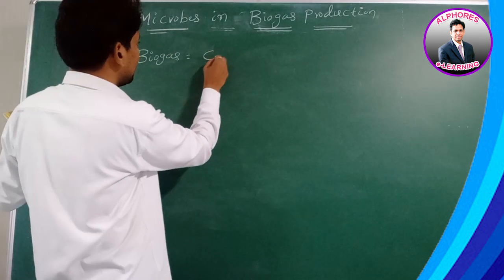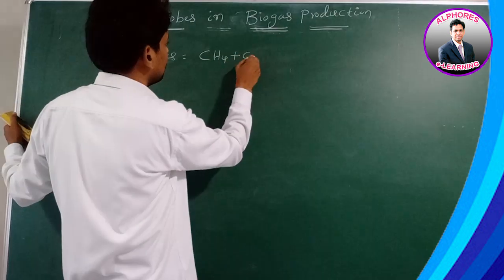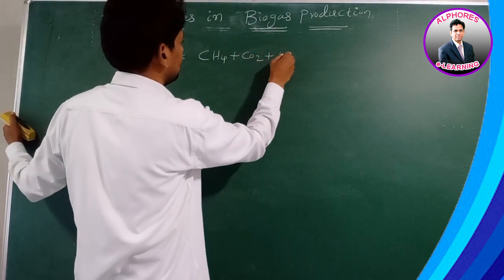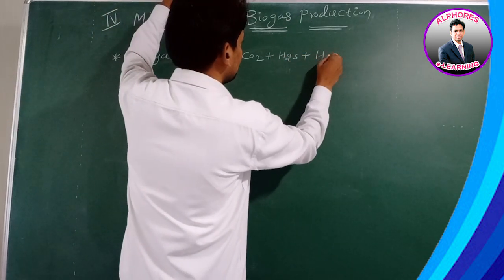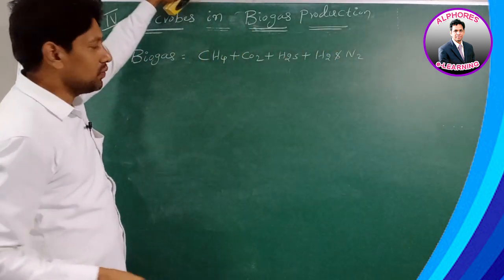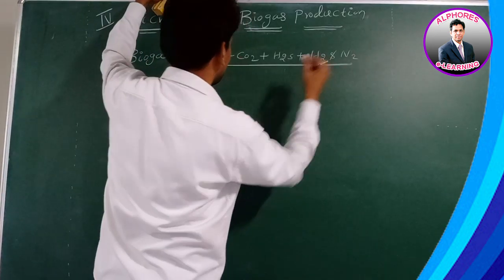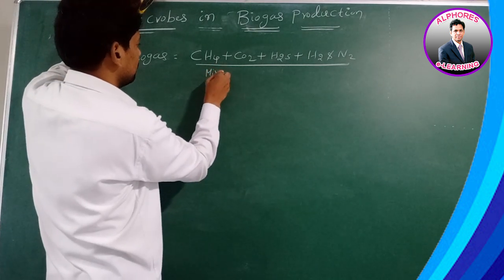Biogas contains methane, carbon dioxide, hydrogen sulfide, hydrogen and nitrogen. Yes or no? Therefore, biogas is a mixture of what?